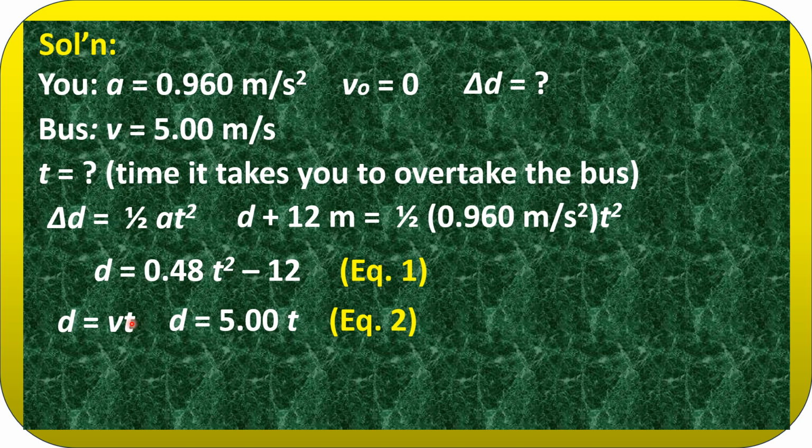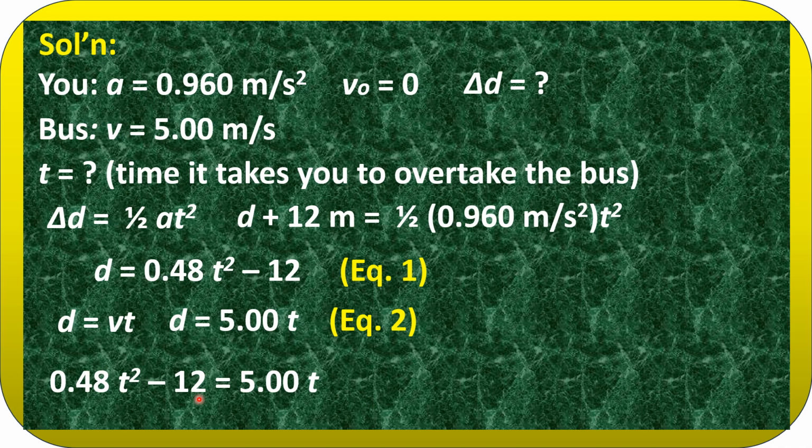So if we are going to equate the two equations, since they both have the variable d, combining them, we will get 0.48 t squared minus 12, that's equation 1, equal to 5.00 multiplied by t.